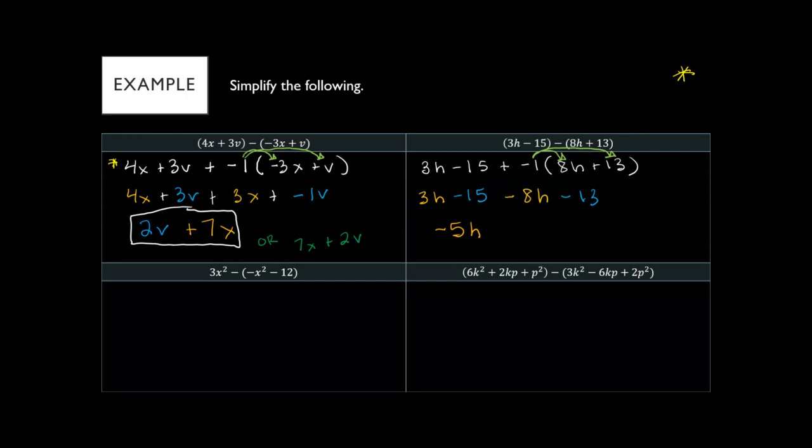We get a -5h. And then -15 minus 13 is -28. So I'm going to write -28. And don't be afraid to use your calculator. I used my calculator on that one. And if you wanted to, you could put the -28 first, although most people would put the variable first and the number last.